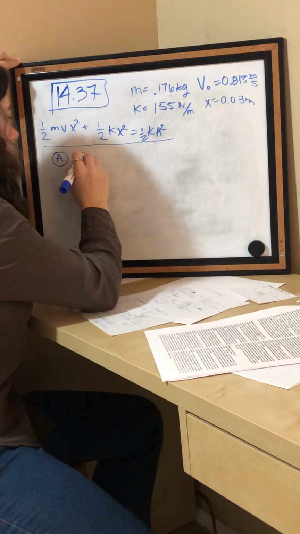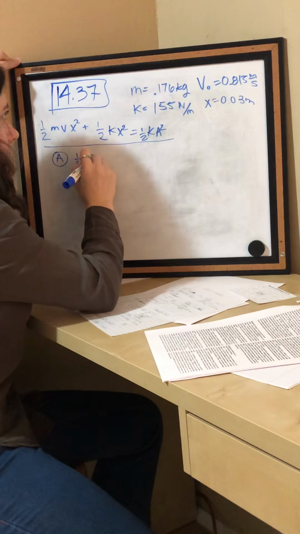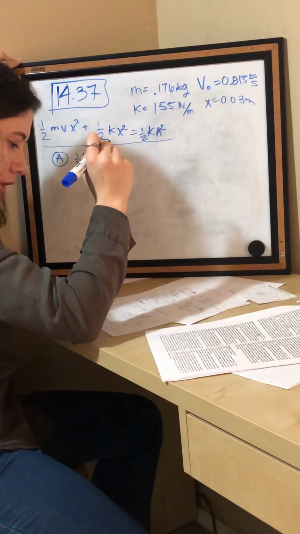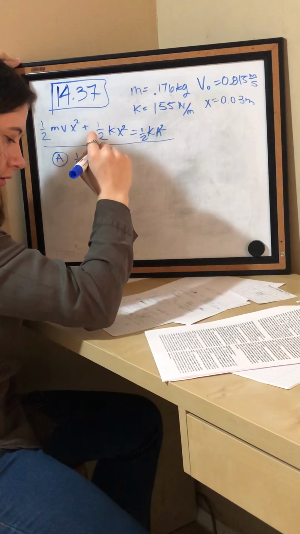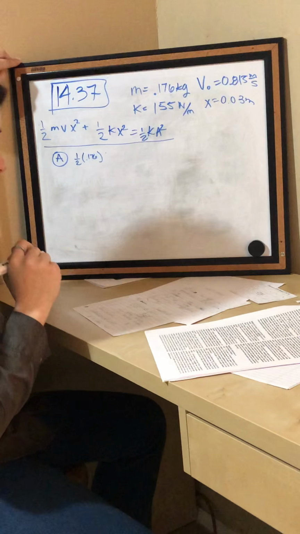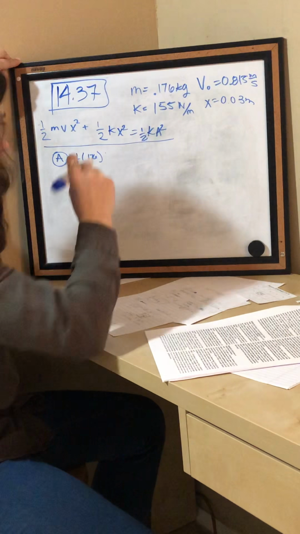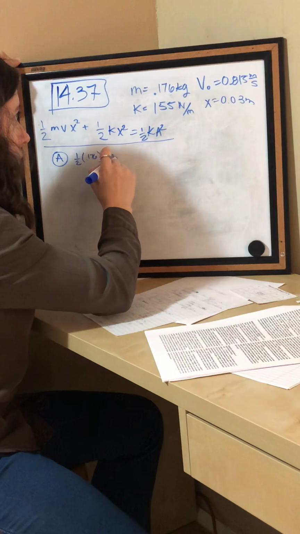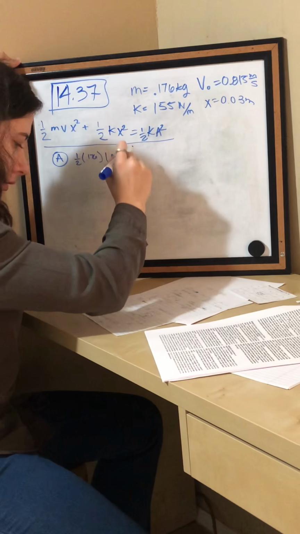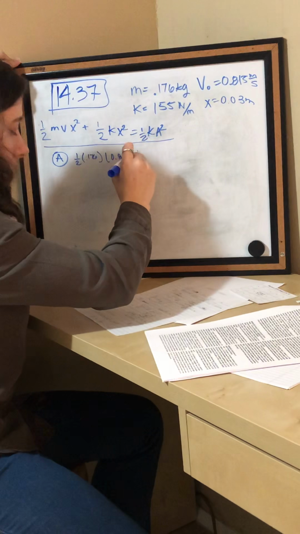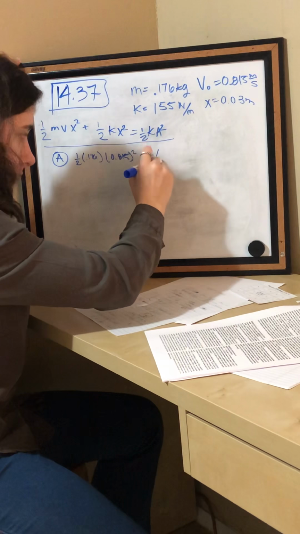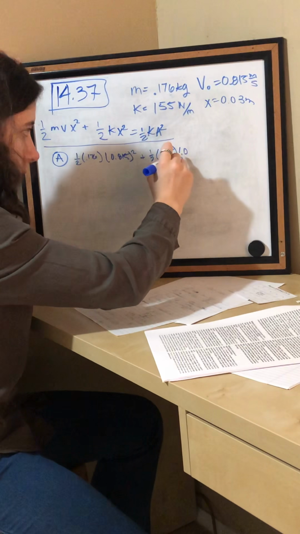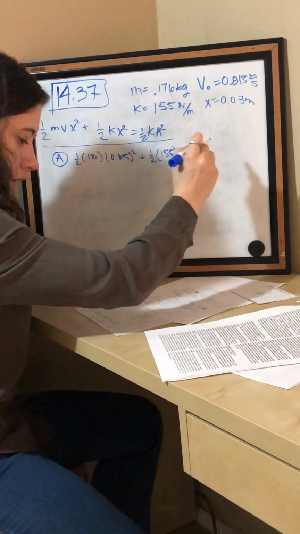So we have 1/2 times the 0.176 times the initial velocity, which is 0.815 squared, plus 1/2 times the spring constant times the distance from equilibrium squared.